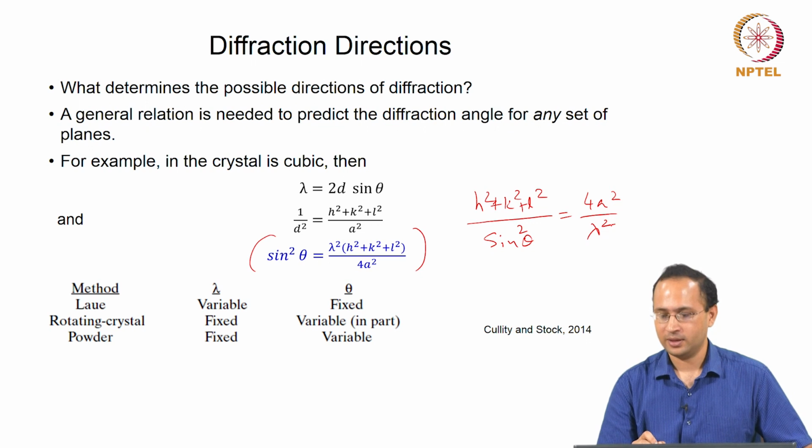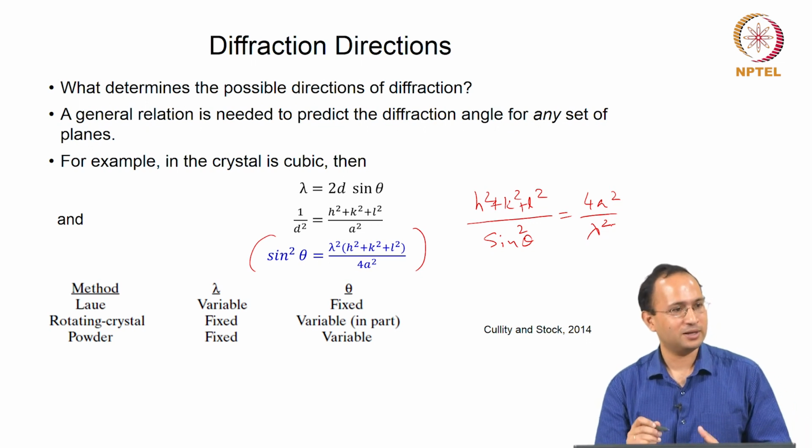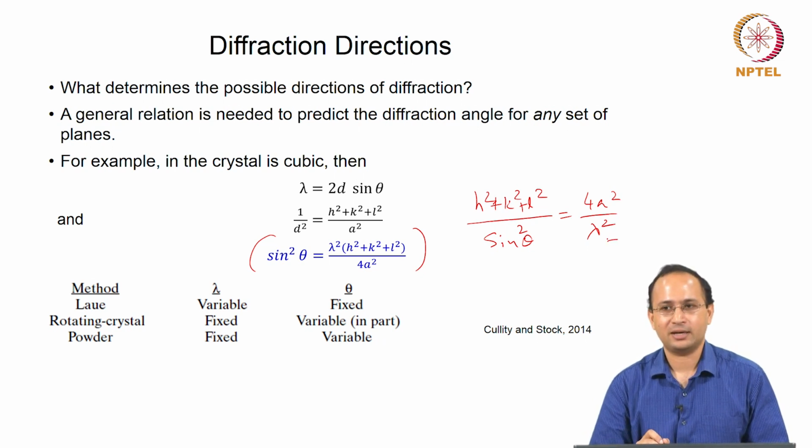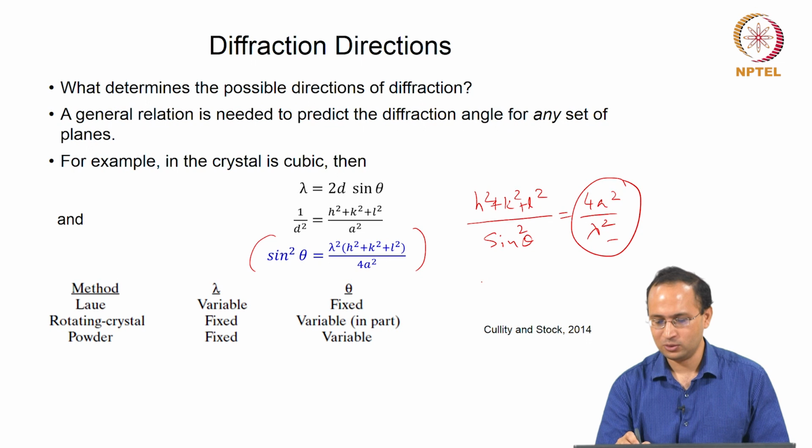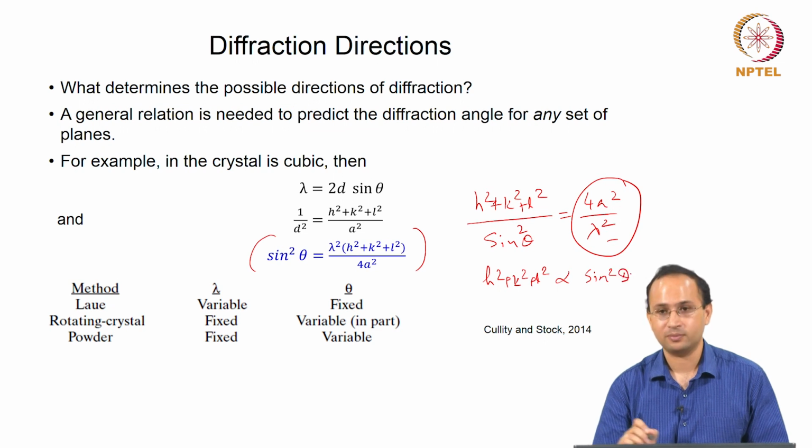Now, if we are talking about a cubic crystal, a is a constant, and we are using monochromatic X-rays, so lambda is fixed. So this right hand side is a constant. What does it tell you? It tells you h square plus k square plus l square is proportional to sin square theta, is it not?